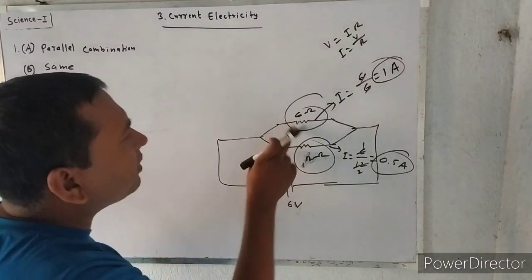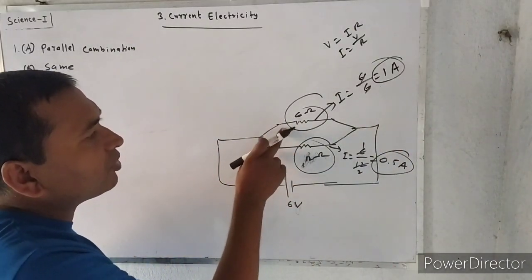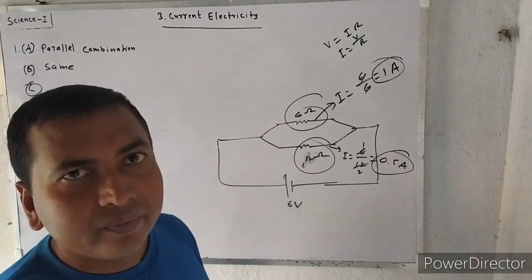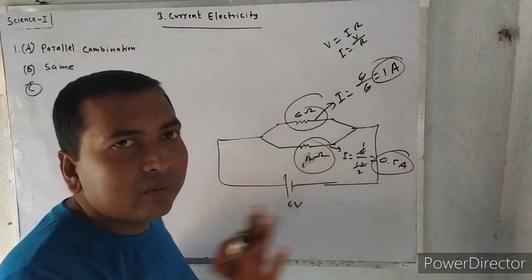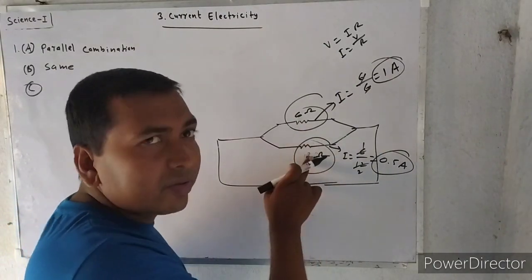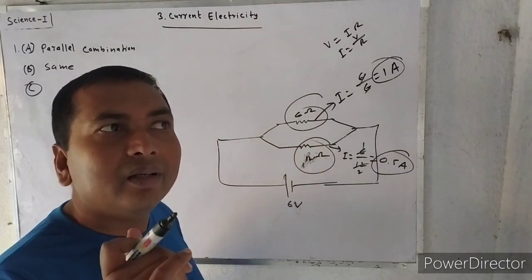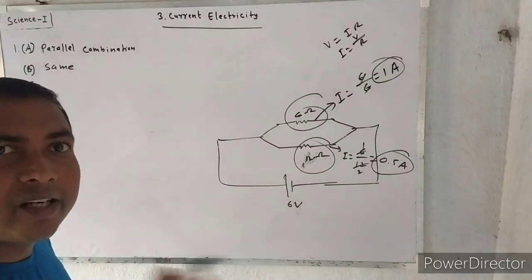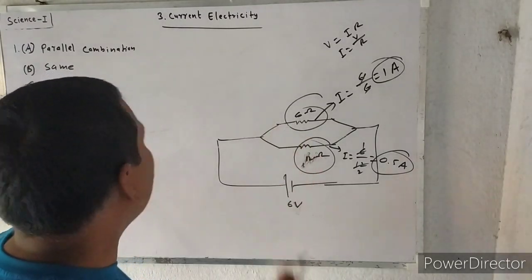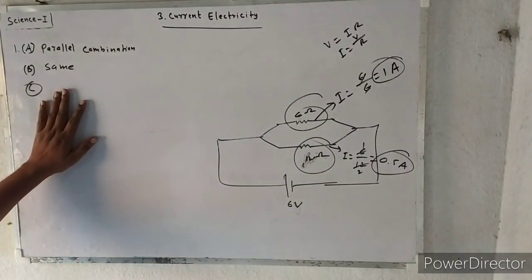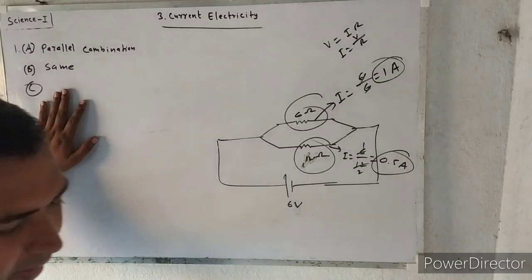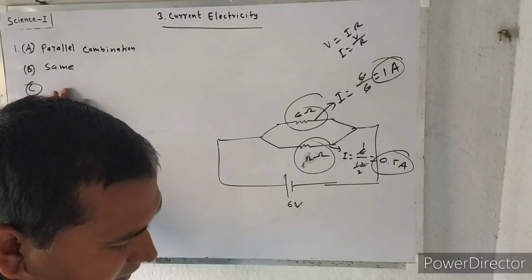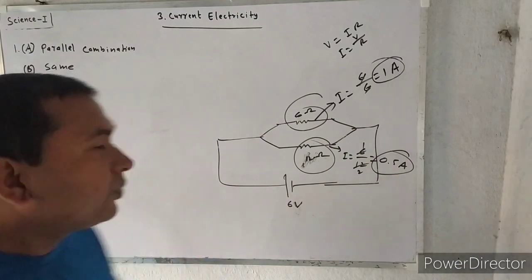But if you take the same value, 6 ohm and 6 ohm, in that particular case the current will be the same. But no need to take the same values, because that is a special case. So we have to take the general case. So in case of parallel, will the current passing through each appliance be the same? No.